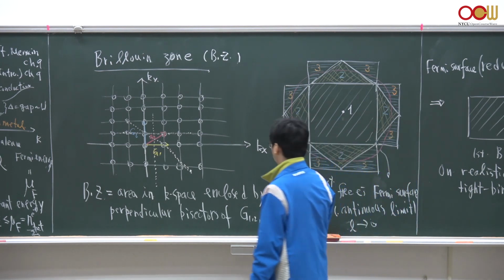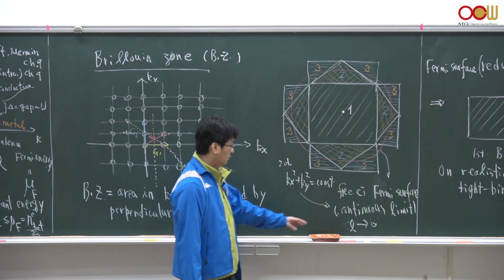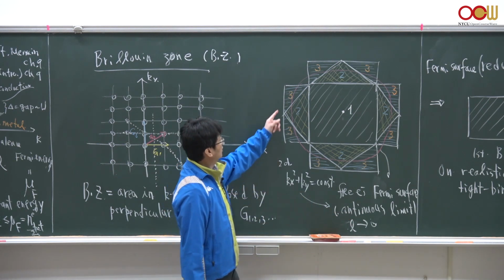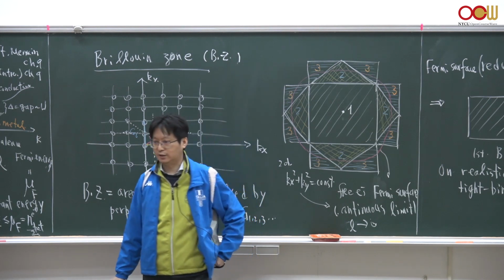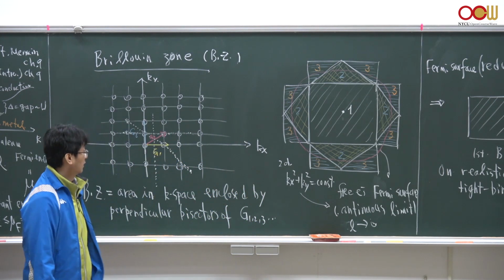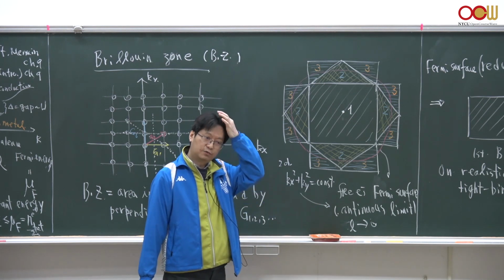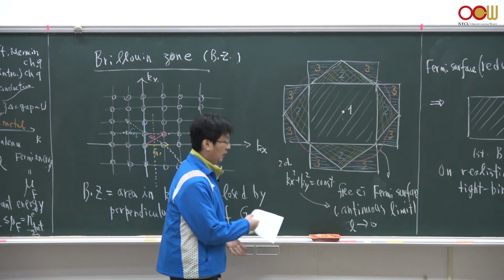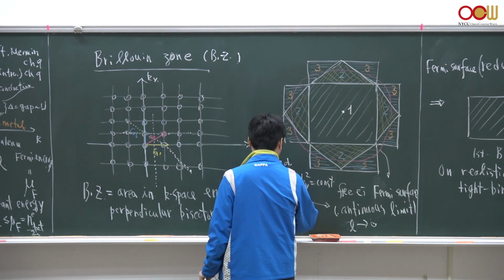So the Fermi surface for free electron gas in the continuous limit, where the lattice spacing approaches zero, is simply a circle, right? Because you could very clearly see the condition to have a constant energy for free electrons, which carry only kinetic energy. I suppose you already learned that in quantum mechanics.